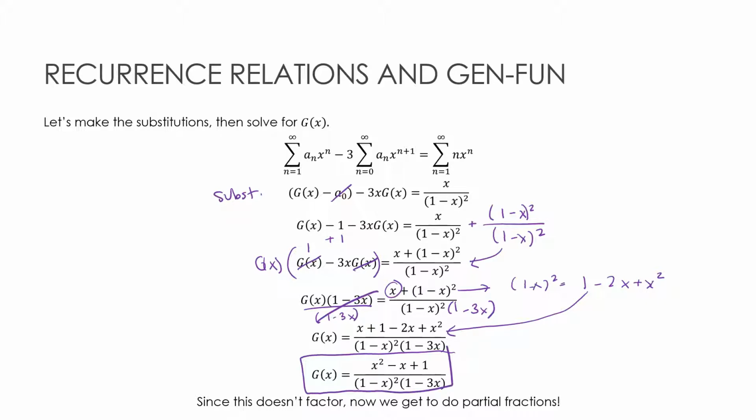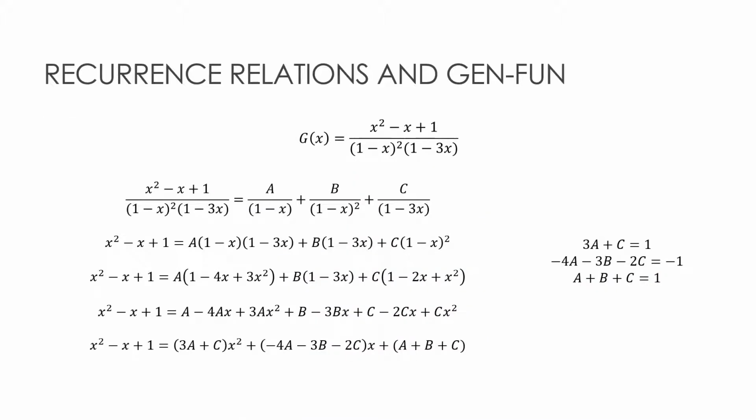Now, I'm not done. It doesn't factor, so if I were able to factor the numerator and be able to cancel some things out, maybe we'd get off the hook, but no, we can't. We're going to have to take this expression and do some partial fractions. So with my partial fractions, if you'll recall, I have 3 factors in my denominator, 1 minus x, 1 minus x, and 1 minus 3x.